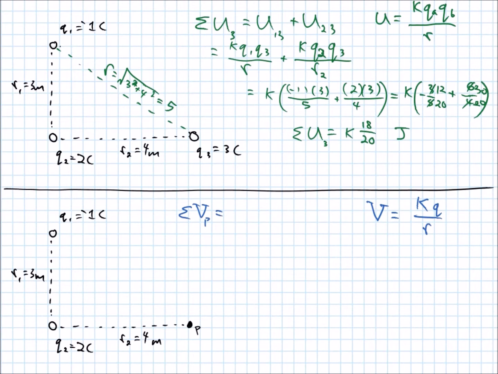It's just going to be the electric potential it has due to all of the different charges. So it has some potential due to Q1, and it has some potential due to Q2. As you can see, you're probably seeing why I did these problems together. They're kind of similar concepts. We already know that this distance is 5.